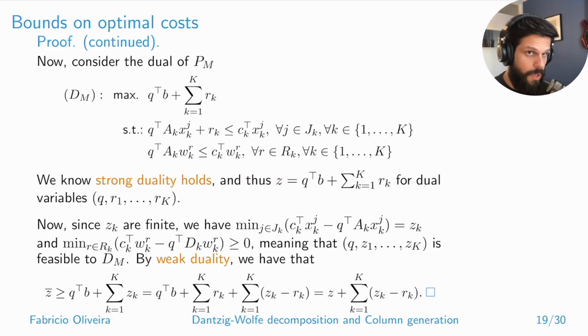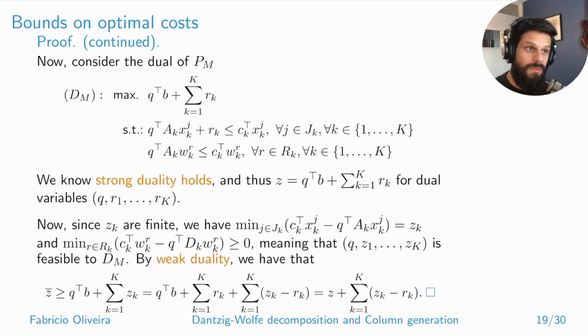So just because it's a dual feasible solution, I can use weak duality to find a bound now for that main value z, the true optimal value z. I use a weak duality argument, noticing that this is a dual feasible solution not only for P, the main problem, but the main problem considering all extreme points and all extreme rays.